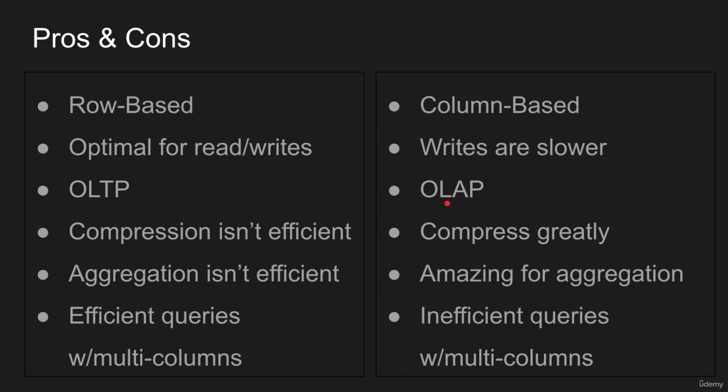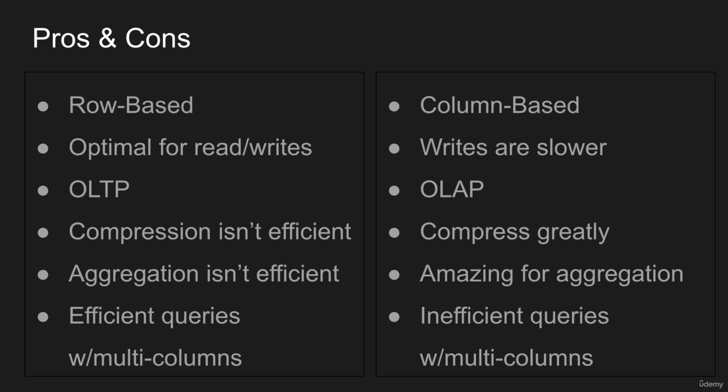They're perfect for online analytical processing. So if you're doing analysis, you're not writing, perfect for column-oriented databases. It compresses greatly because all similar values are together, so the compression algorithms can do magic on these things and compress them. Amazing for aggregation. We saw it, beep brr, done.